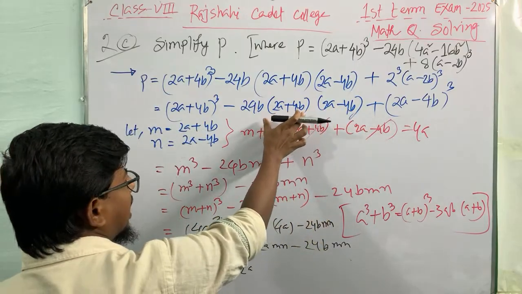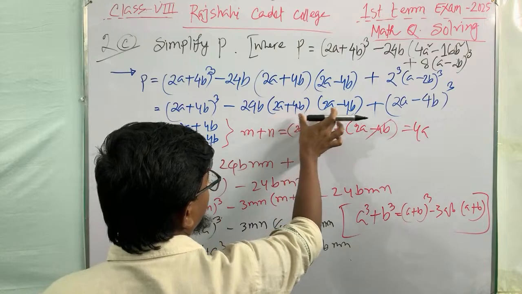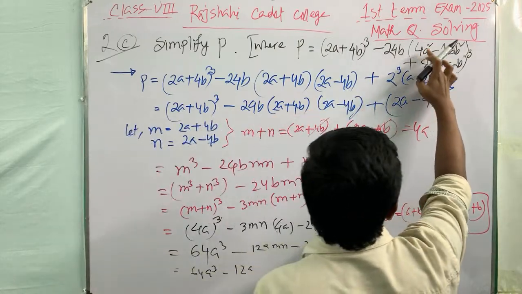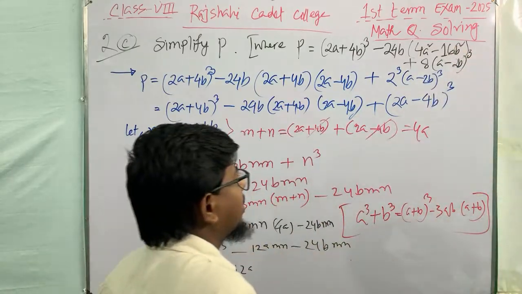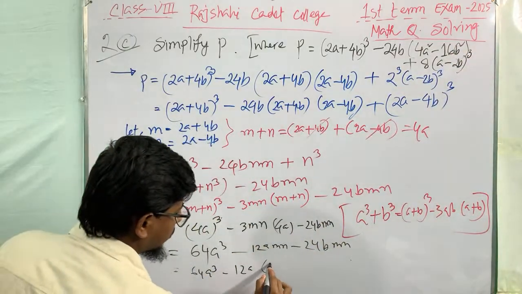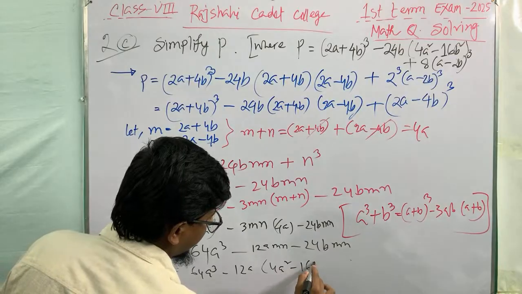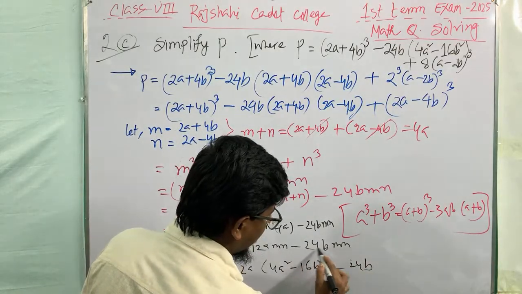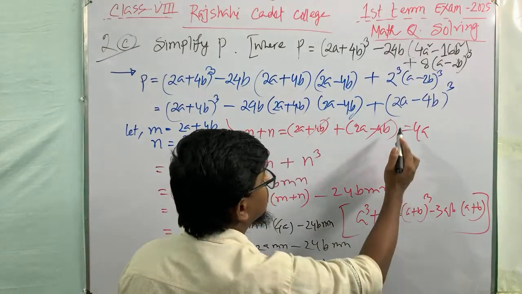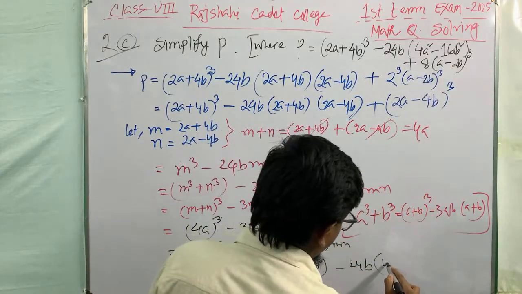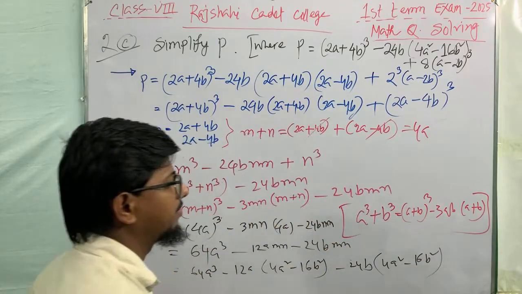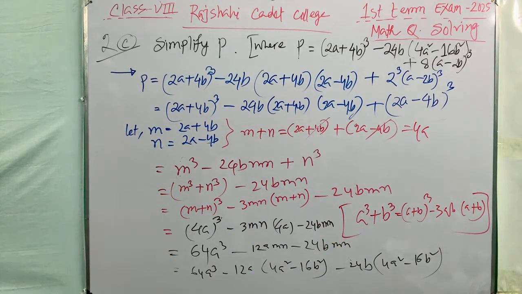So it means that 2a plus 4b times 2a minus 4b, that was basically 4a square minus 16b squared. That was 4a square minus 16b squared minus 24b, and then again mn, which is this 4a square minus 16b squared. We are almost done.